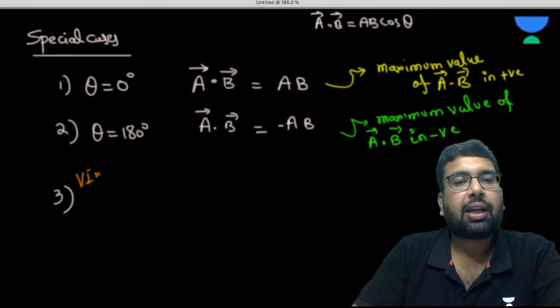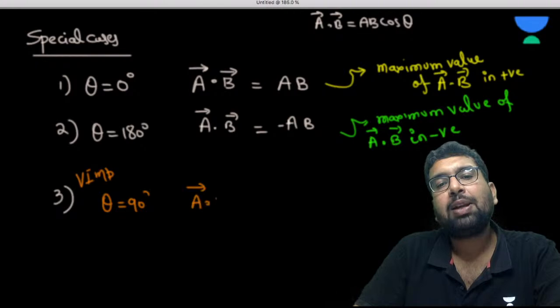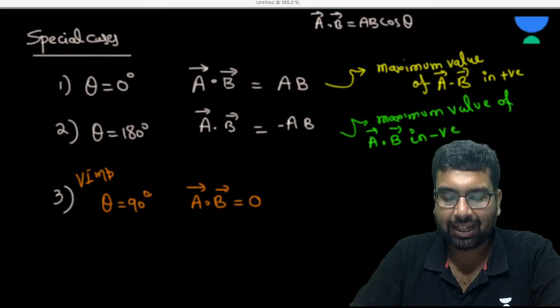Another very important case: if theta is equal to 90 degrees, A dot B is going to be 0, because cos 90 is 0.